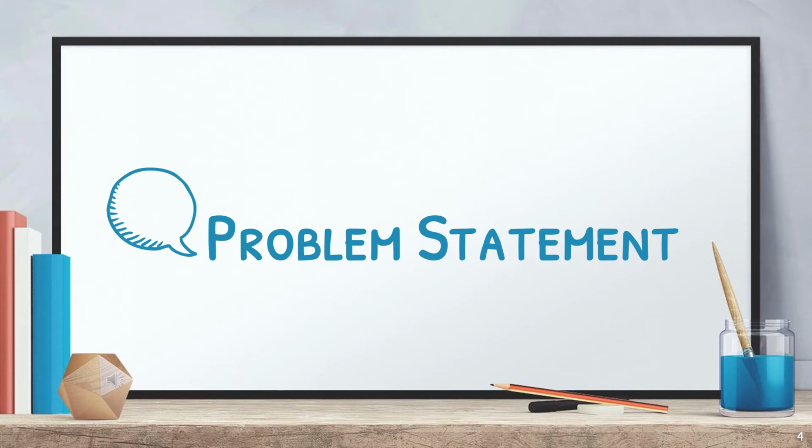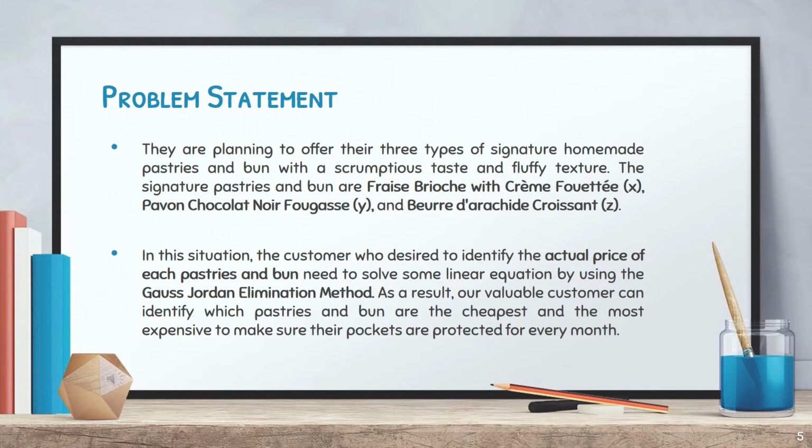Next is our problem statement. The bakery is planning to offer three types of signature homemade pastries and buns, which are French brioche with creme fouette SS, Pavon chocolate noix fougasse SY, and Burro tarty croissant SD.